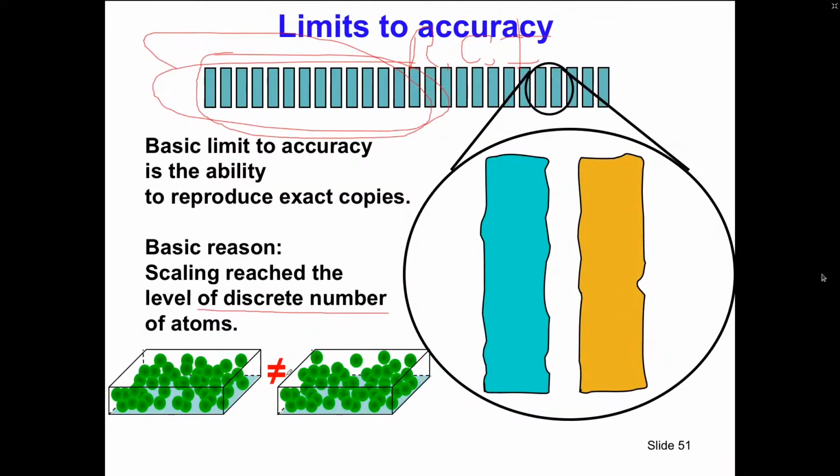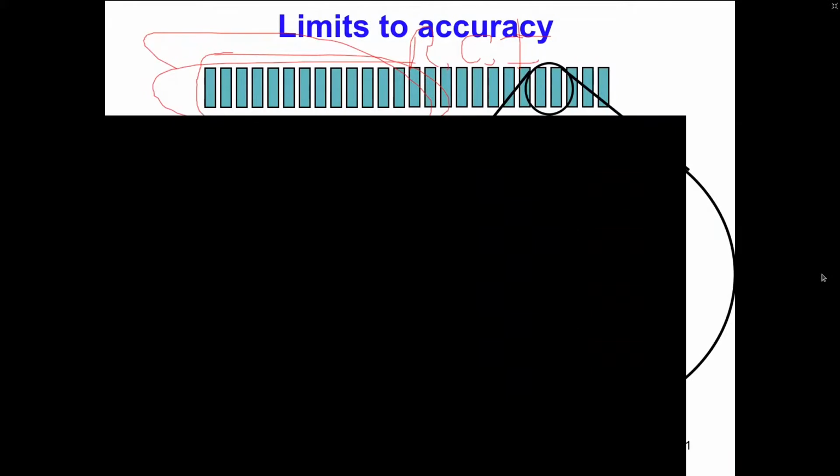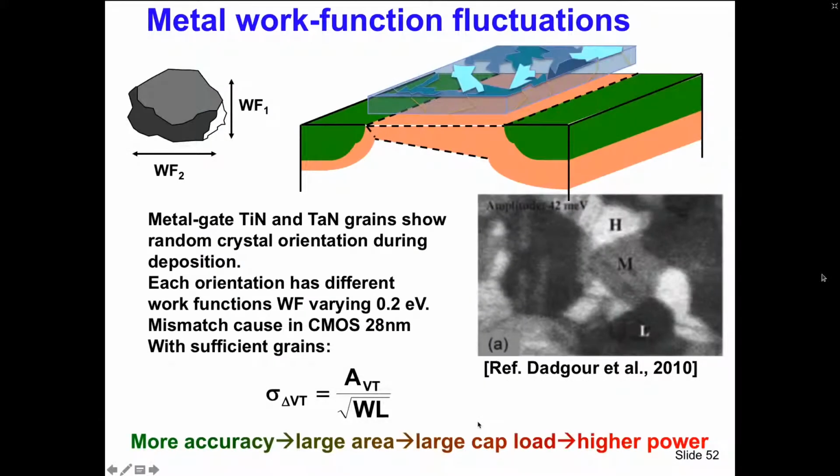So basically, if we have perfect cubical structures over here, and we fill that with, for instance, dopant ions, then this number of dopant ions is different from this number of dopant ions, despite the fact that the dimensions here are perfectly equal. That's an effect that we see in many places in a modern design.